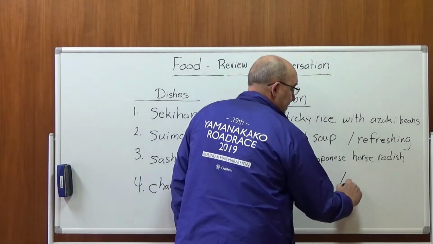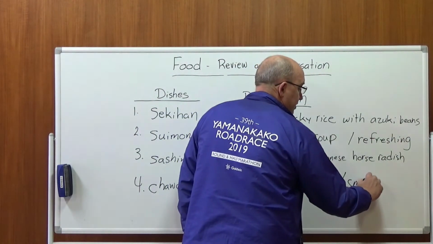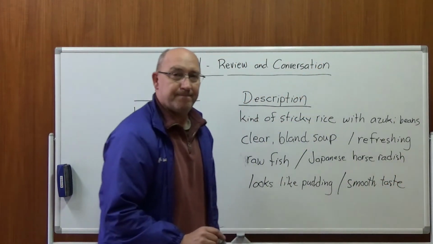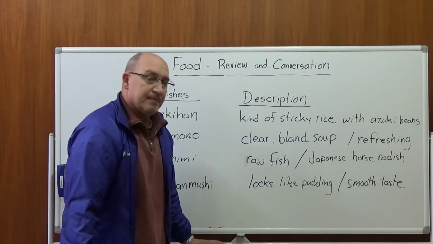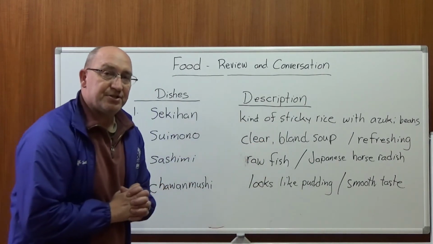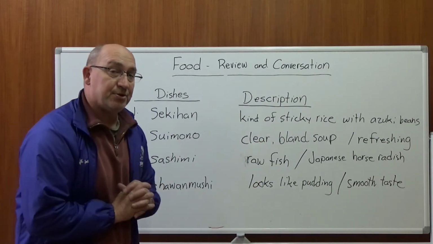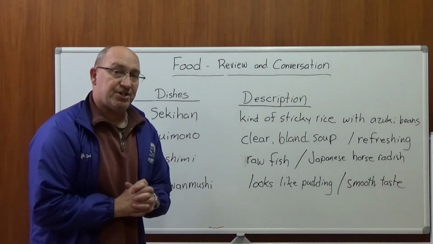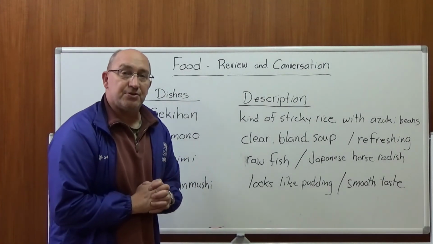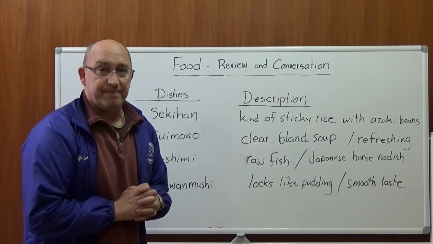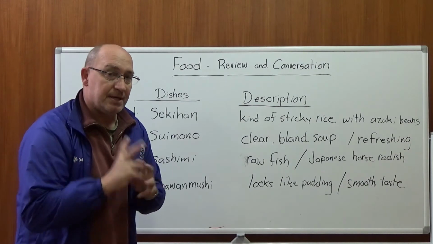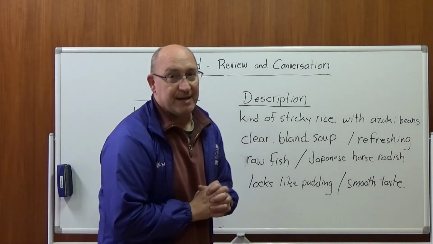I said it has a smooth taste. Okay? Now, right? Could you catch all of these answers? Maybe you could, and maybe you couldn't. So, let's finish today with listening to the conversation one more time. Any part you couldn't catch the first time, maybe you can catch the second time.